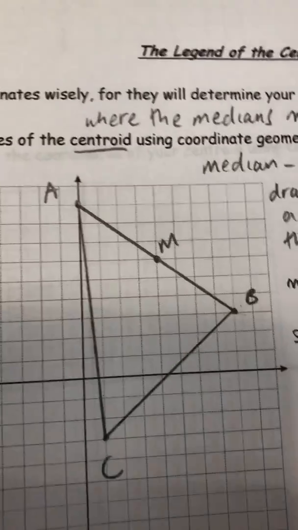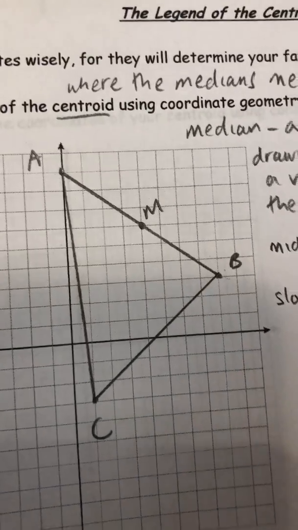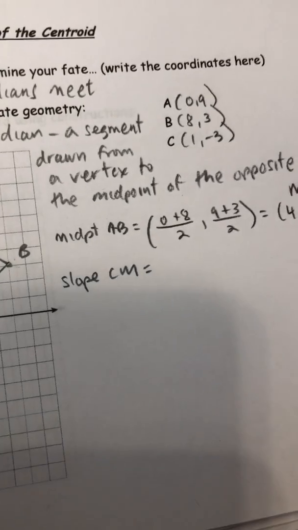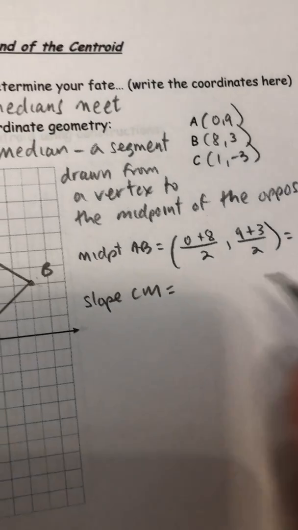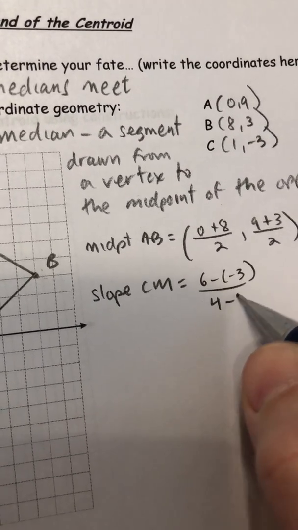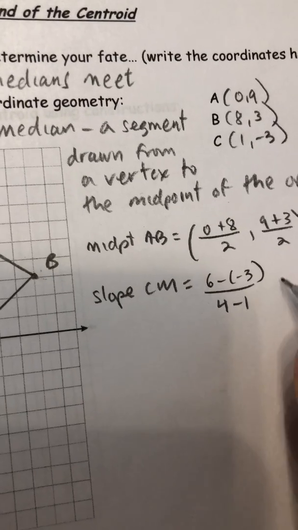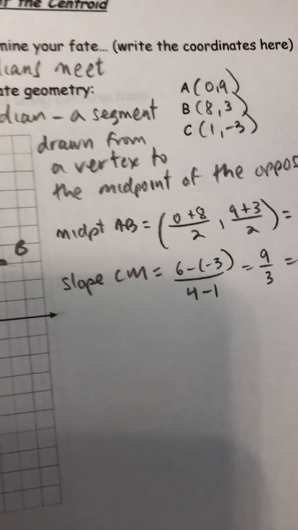So the slope of CM is, we do y2 minus y1 over x2 minus x1. So I'm going to do 6 minus negative 3 over 4 minus 1. And that gives you 9 over 3, which is equal to 3.